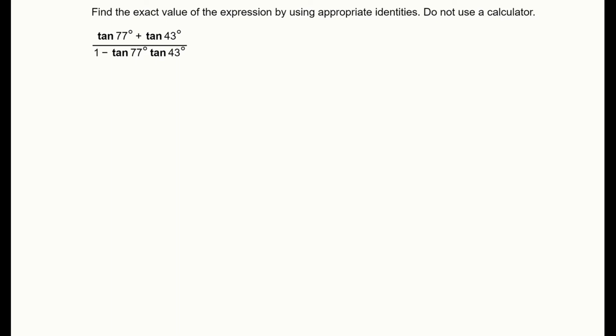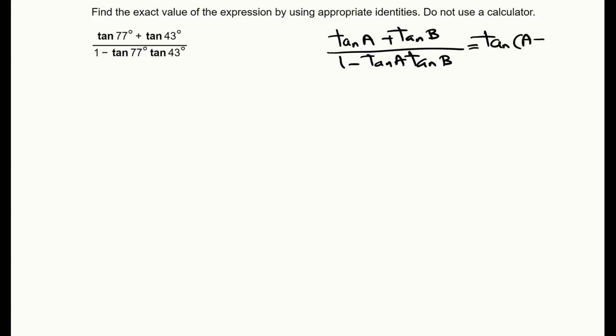All right, so I'm sure you recognize that as being in the form tan A plus tan B over 1 minus tan A tan B. And of course, if you remember, that's the same as tangent of A plus B.